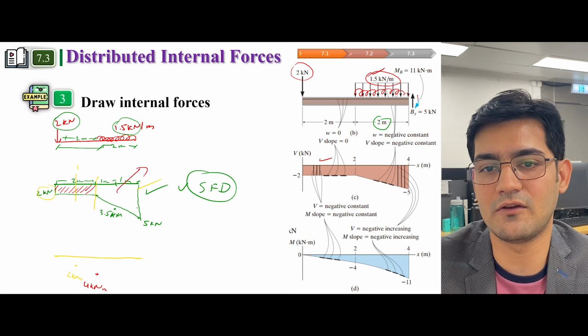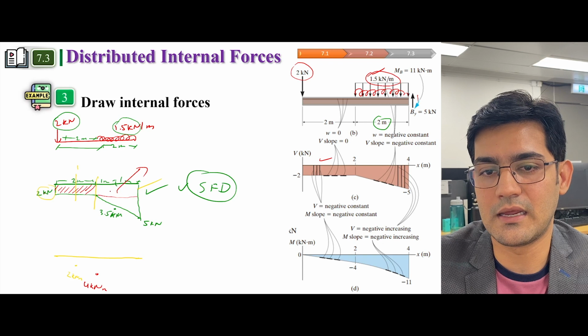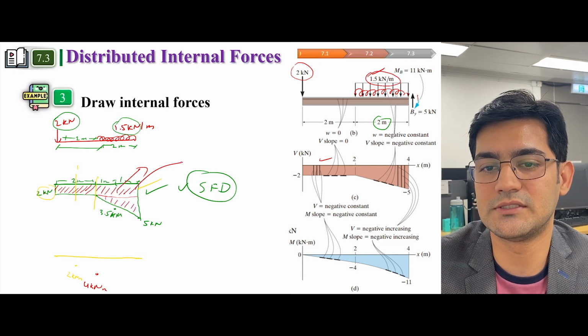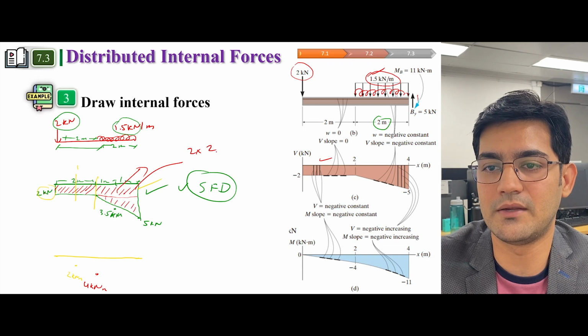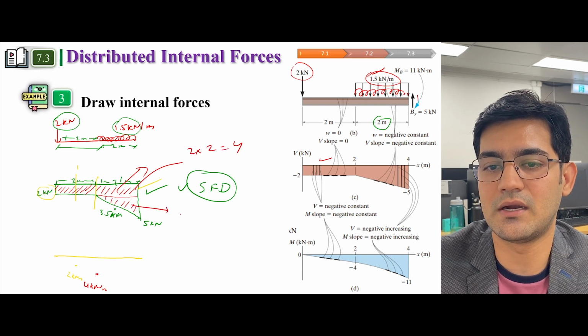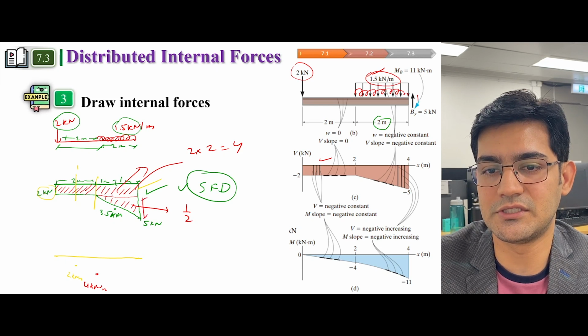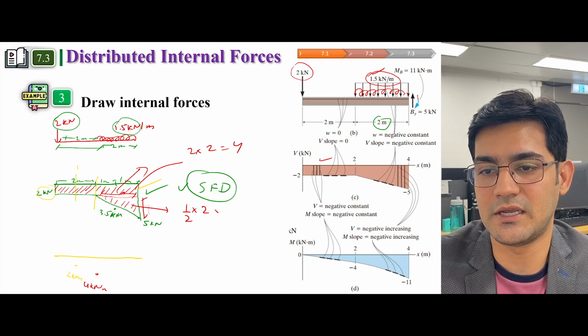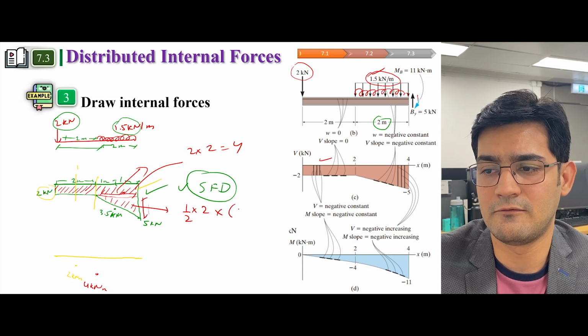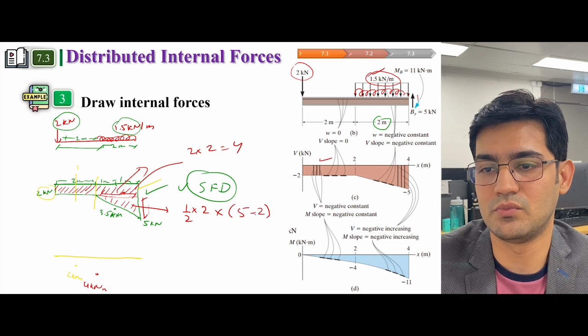Now what is the area of this thing? We can calculate the area of this thing by dividing it into two parts. This part is 2 multiplied by 2, which is 4, and this part is 1/2 into this distance into this distance. This distance is 2 meters, and this distance is 5 minus 2, which is 3.